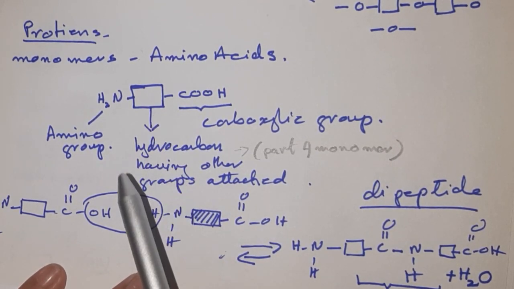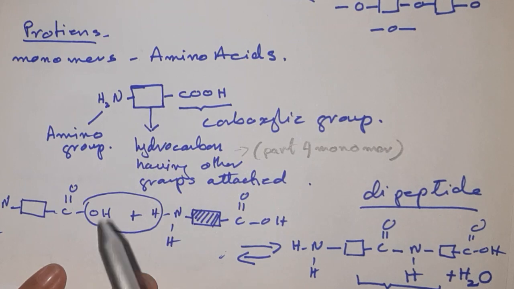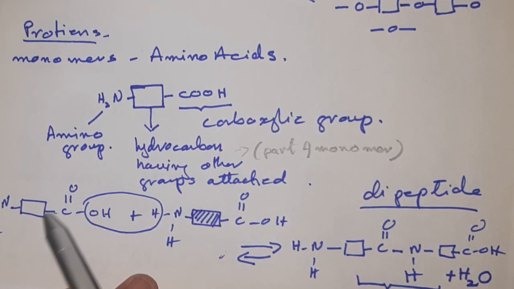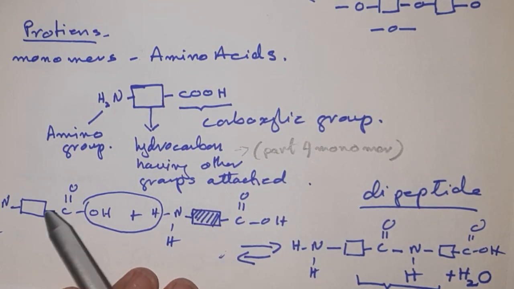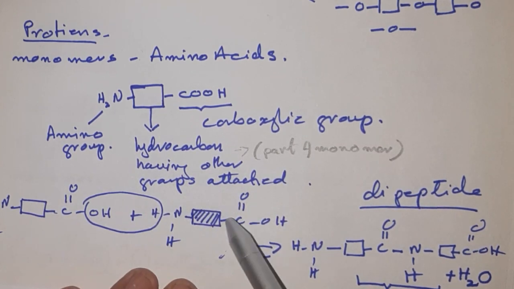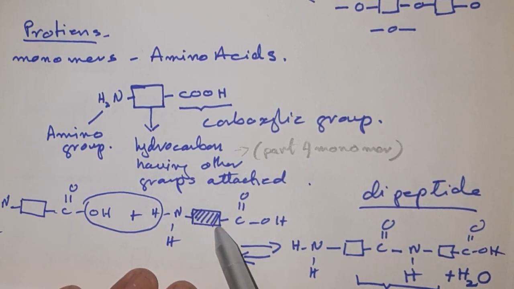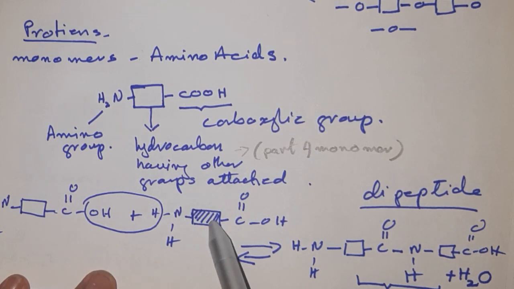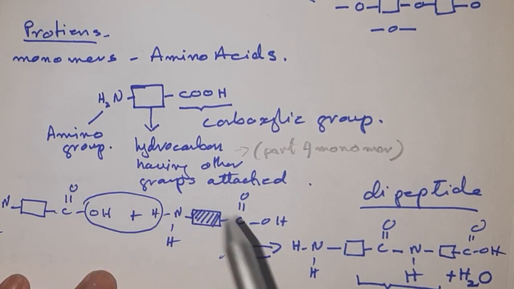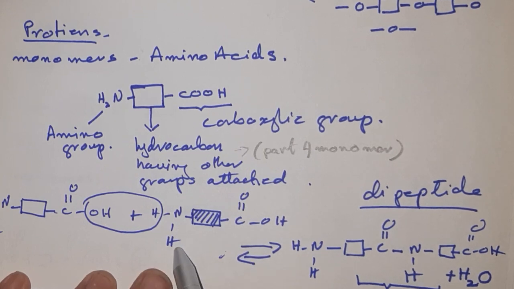And in order to show different monomers, we draw the rectangles in different colors or the way you find. I have not drawn any line over here, and this I have shaded just to show that these are different parts of the monomer inside. But the similarity between both of them is that each has a carboxylic group and an amino group.